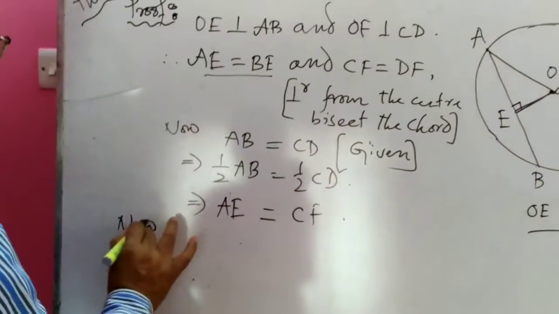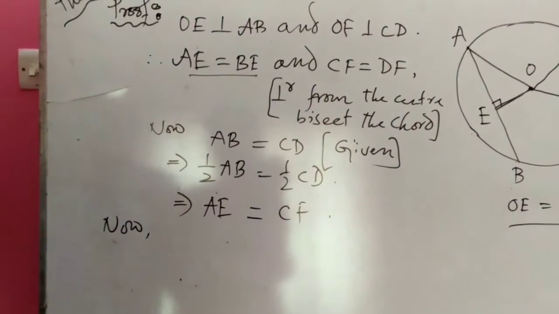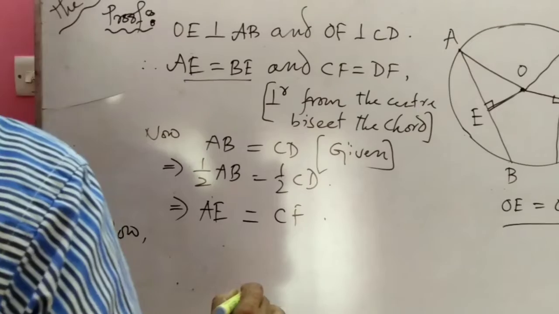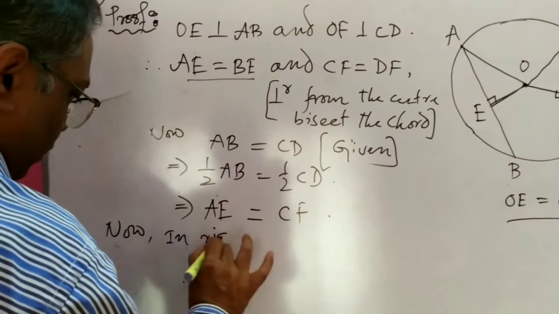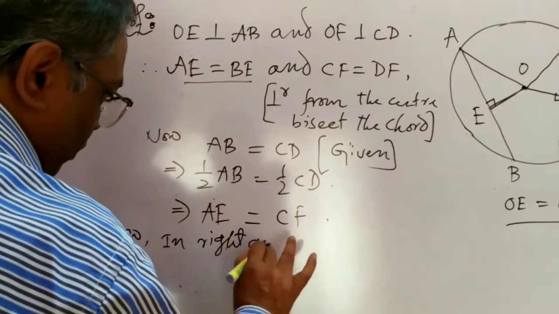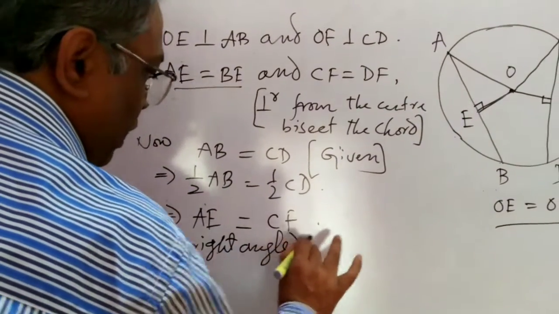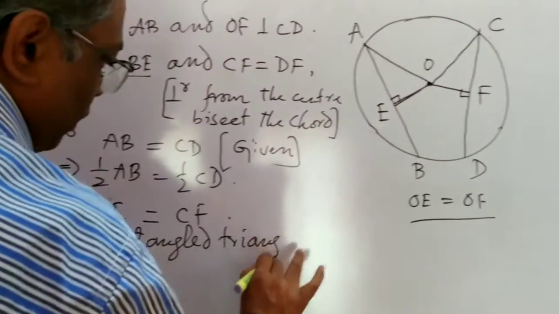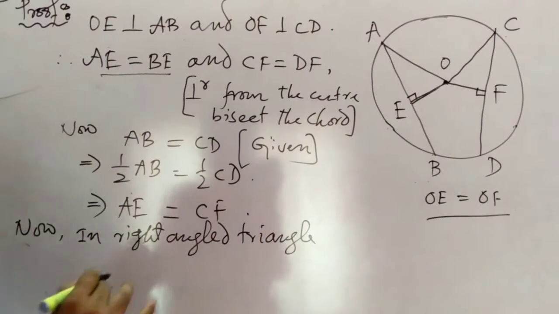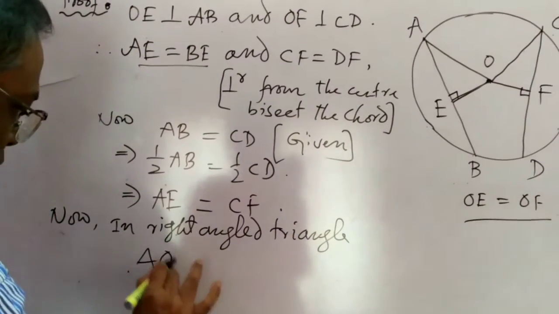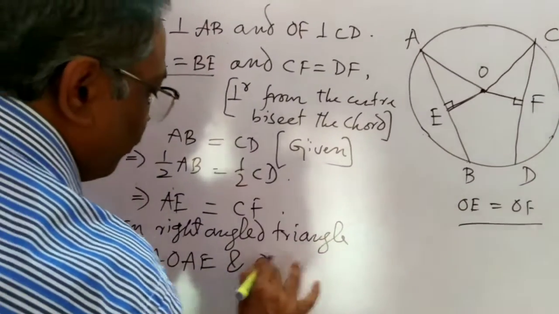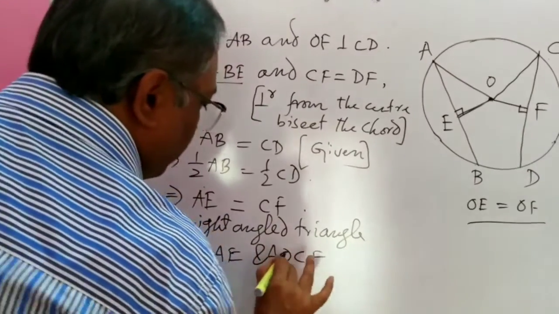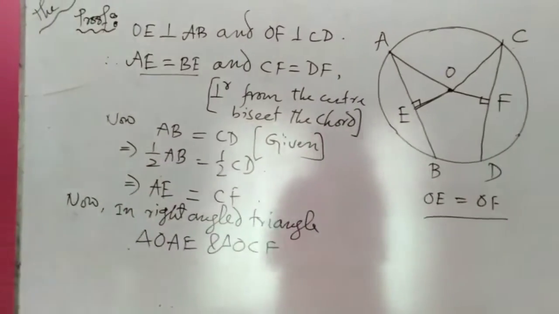Now in right angle triangle OAE and OCF, কি পাই এখান থেকে?